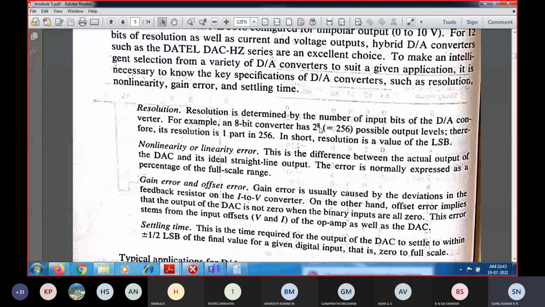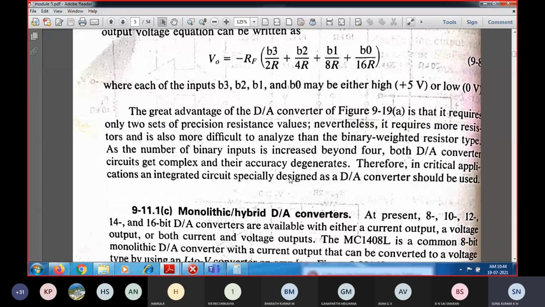If I want to find out what the resolution is, it is nothing but one part of the total number of input configurations. So one part of 256. And in the previous case, one part of the 16 configurations, 1 by 16. So here 1 by 16 plays a major role. That is nothing but the resolution of that corresponding circuit. So the resolution value is the LSB.